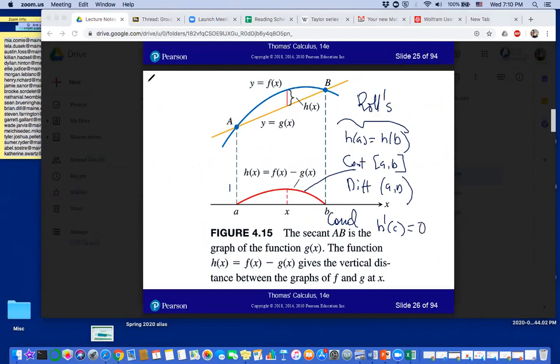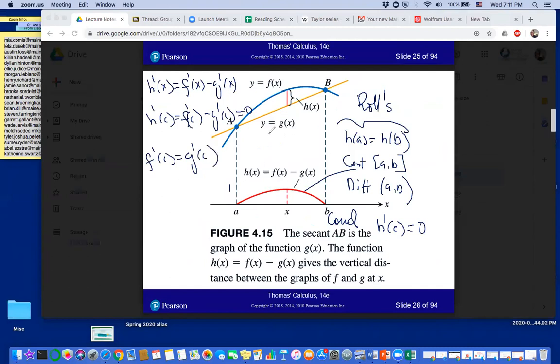But now look, h prime of x, by my sum difference rule, is simply f prime of x minus g prime of x. Now I plug in my c, and I have h prime of c is equal to f prime of c minus g prime of c, and this has to equal 0. That's telling me that f prime of c is simply equal to g prime of c.